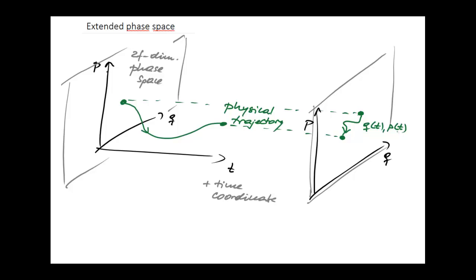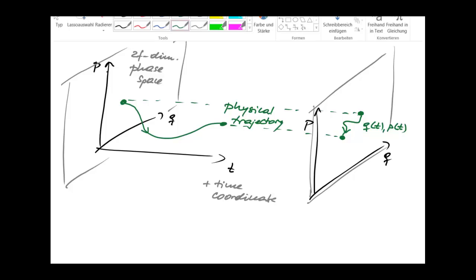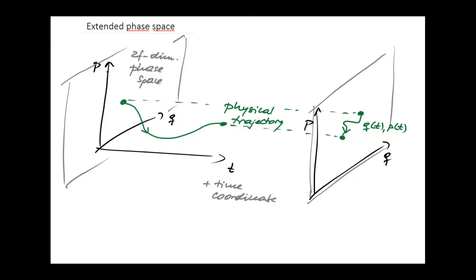But let's look now at the extended phase space, and let's take some point along this physical trajectory. Let us look at the tangent vector. Let me call this tangent vector W. What are the components of that tangent vector W in extended phase space?